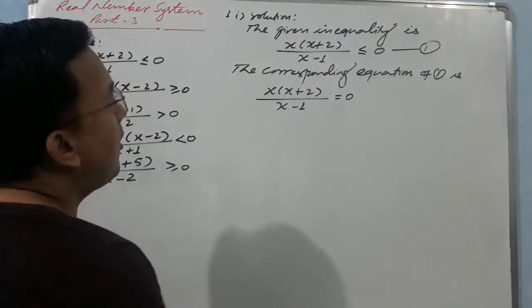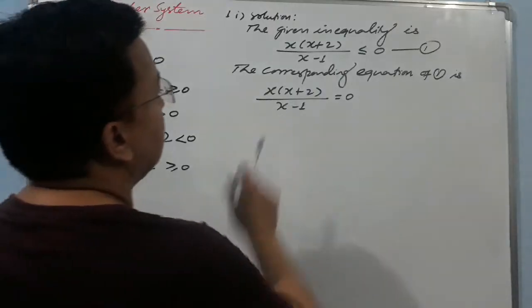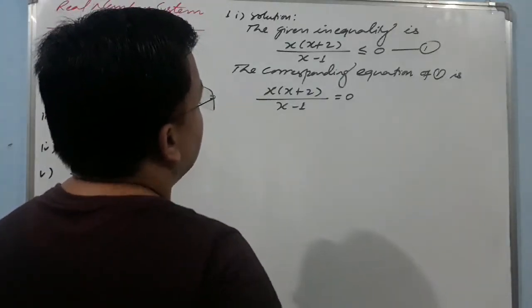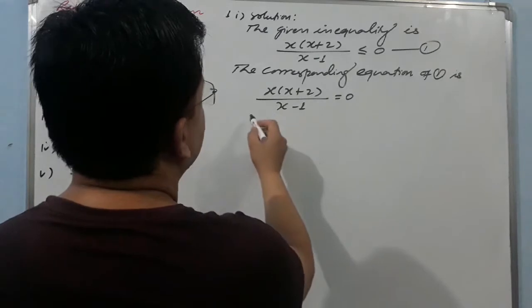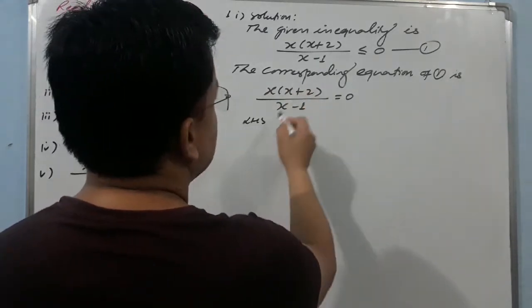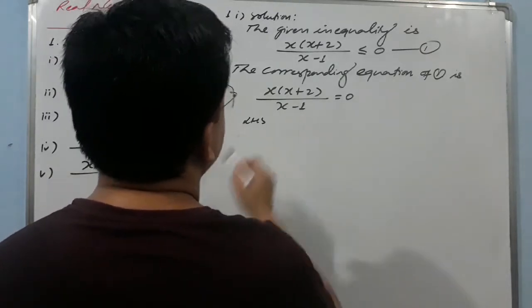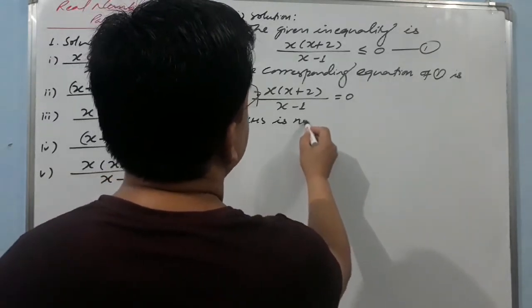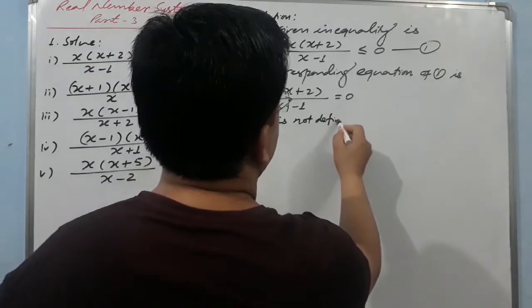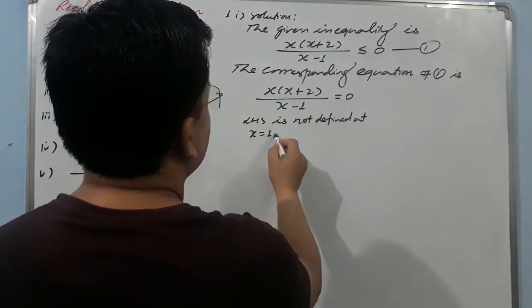Alright, so from here you know, the left hand side of this inequality is not defined at x is equal to 1.